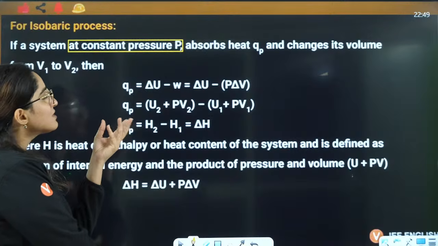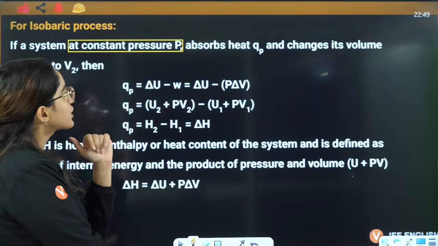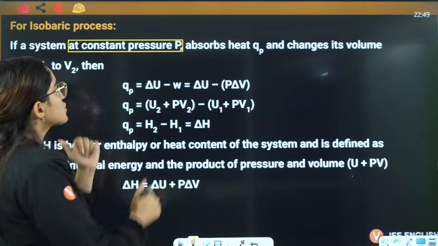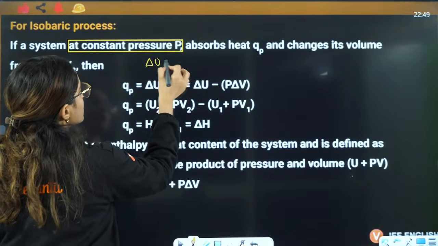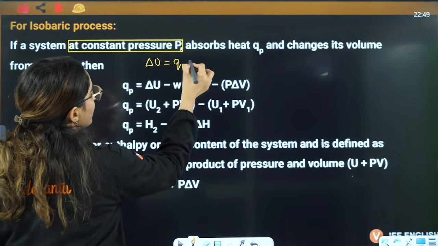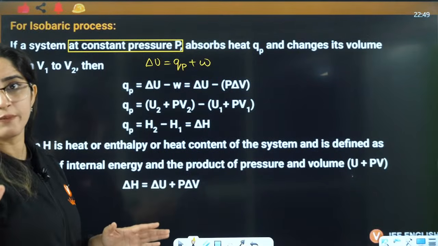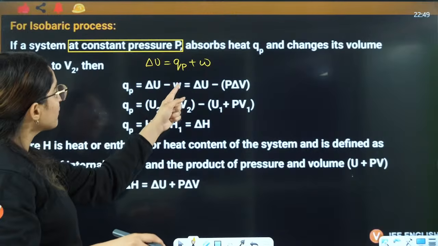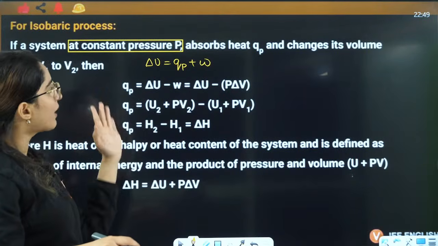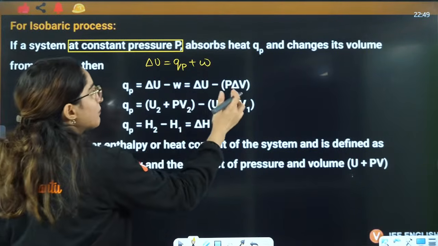What is QP? We know that delta U is equal to QP plus W. Why is Q becoming QP? Because it's at constant pressure. That means QP is nothing but delta U minus W. W is nothing but P delta V.